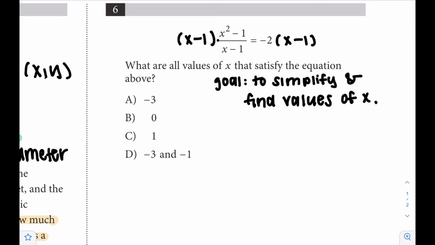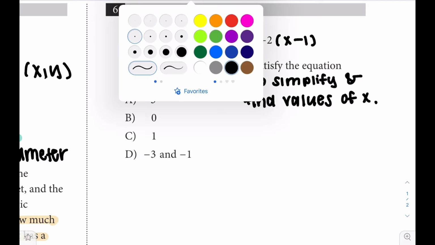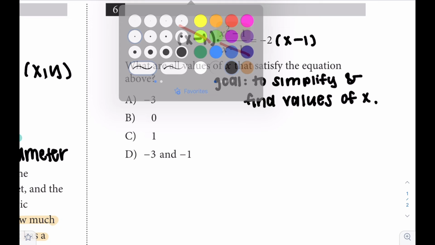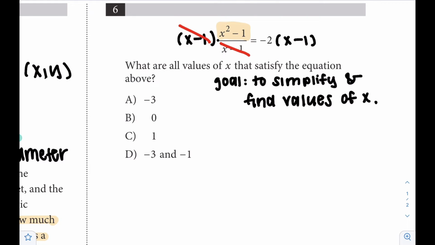So if we have x minus 1 on the top and an x minus 1 on the bottom, these will cancel out. So we'll just be left with x squared minus 1 on the left side of the equal sign. But on the right side, we have negative 2 times x minus 1. And in order to simplify this expression, all we have to do is distribute the negative 2 to each term.